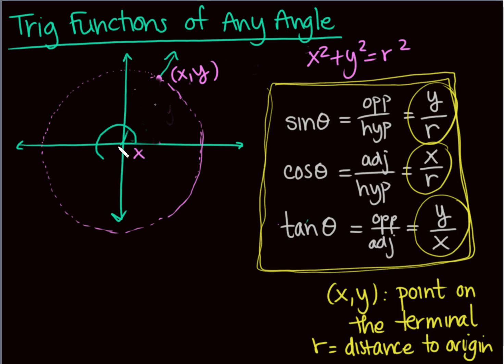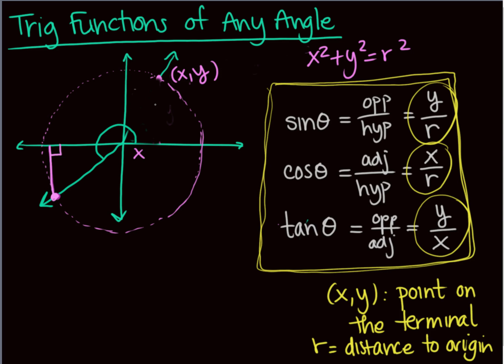Again, I take the point where it intersects the circle, and I draw a straight line from any point on my terminal side to the x-axis. You always, always, always draw that line to the x-axis. You do not go to the y-axis. We always go to the x-axis.